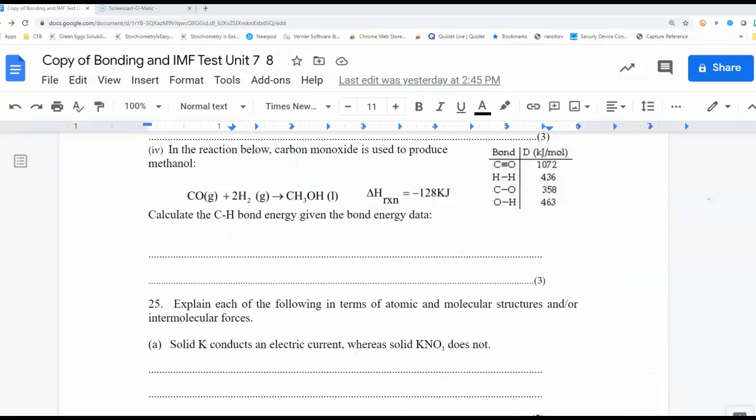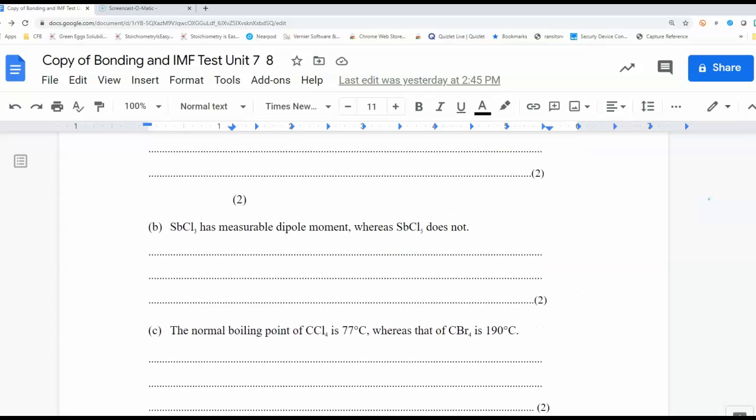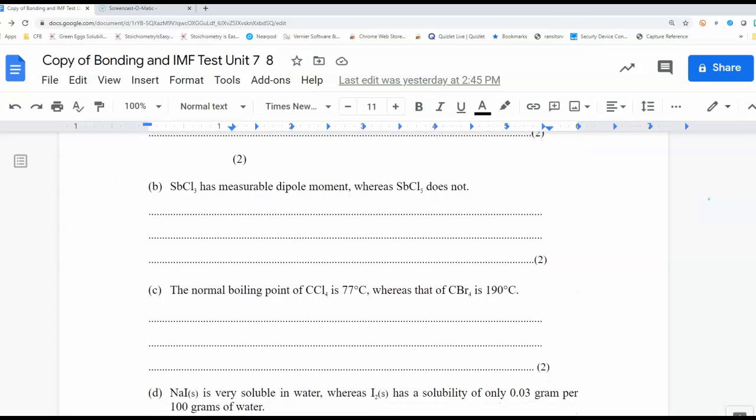Okay, we're going on to the next one then. SbCl3 has a measurable dipole moment, whereas SbCl5 does not. Easy enough to do on that one. You can make the assumption that what you actually have is something like this with a lone pair here with those electrons, for those atoms there, whereas SbCl5 looks a lot like this with 3 things attached around.